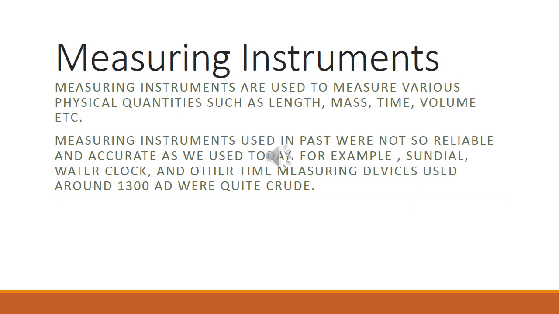Then with the passage of time, as science progressed and the latest instruments were discovered, these instruments brought a basic revolution in the field of measurements. Right now we have very sensitive instruments.